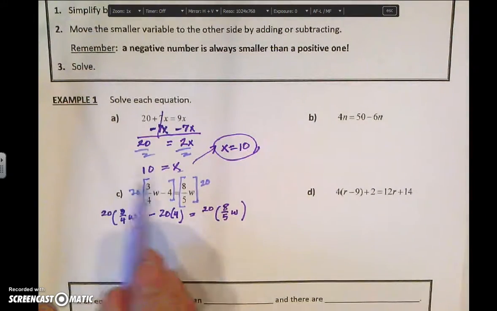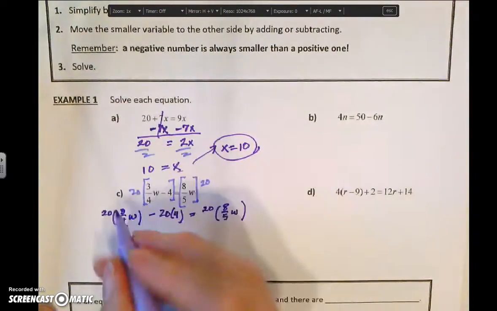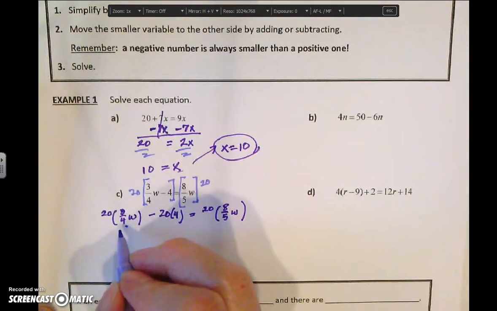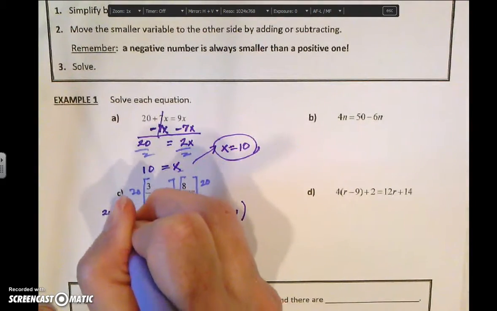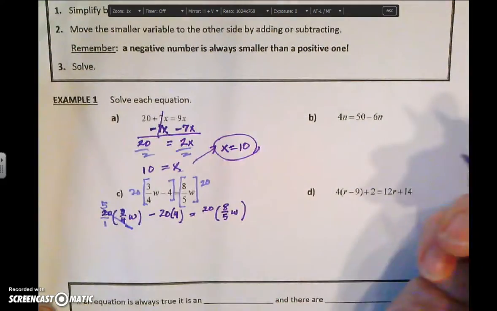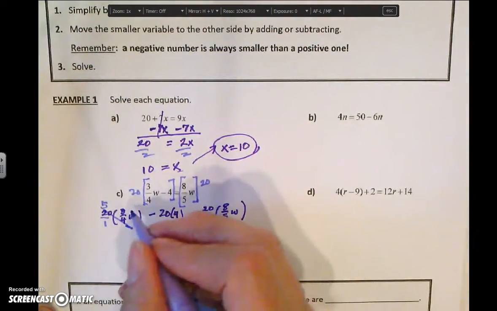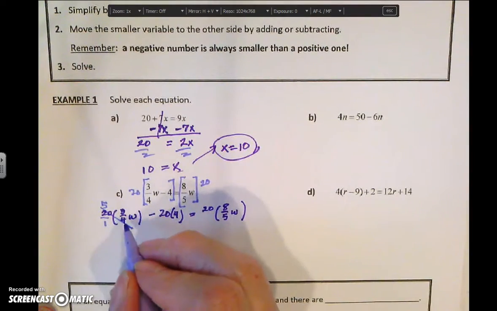So I'm going to multiply 20 times all the terms. On this one, you could multiply across and get 60 divided by 4, which is 15. It's probably easier to cancel. 4 will go into 20 5 times. It's like 20 over 1. And then we multiply 5 times 3 and get 15, and 1 times 1 and get 1.